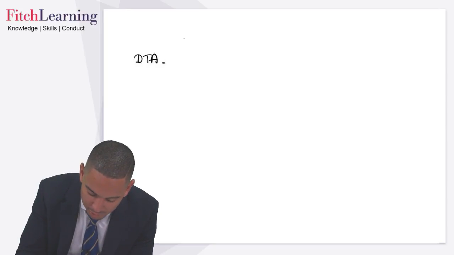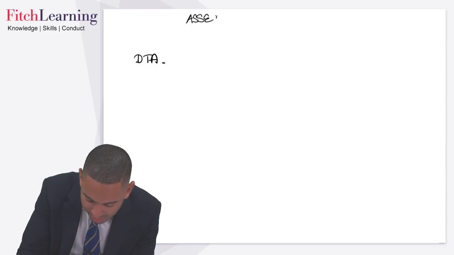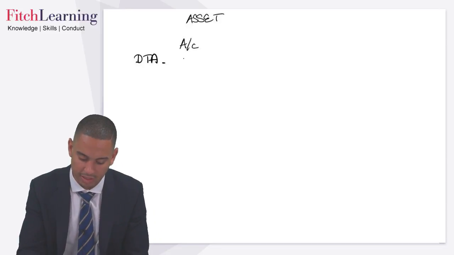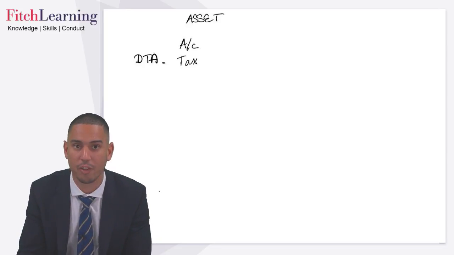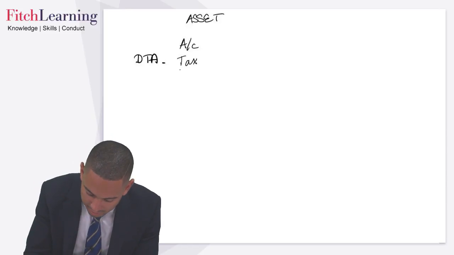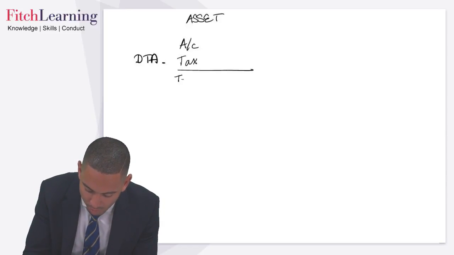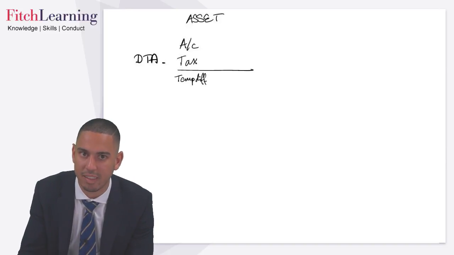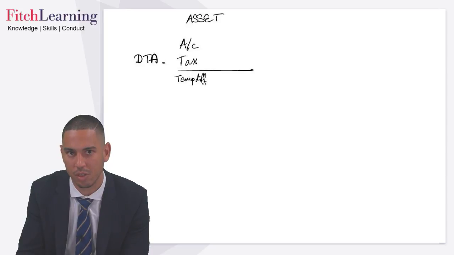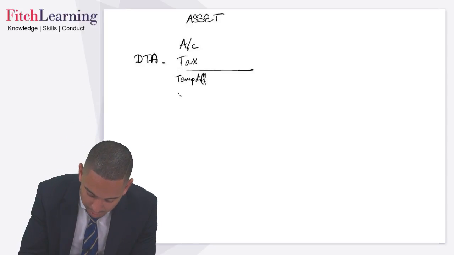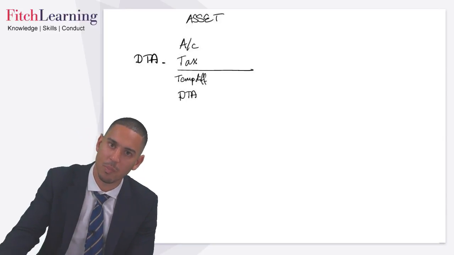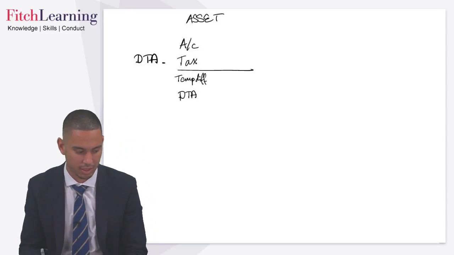And what you should always be doing is saying, what is the balance if I'm looking at, let's write here, an asset balance. What's the balance in my accounts versus what is the asset worth according to the tax authority? The difference in these is going to form a temporary difference. And it is that temporary difference that I apply a tax rate to end up with a deferred tax asset. Now let's just talk about the way that you apply this.